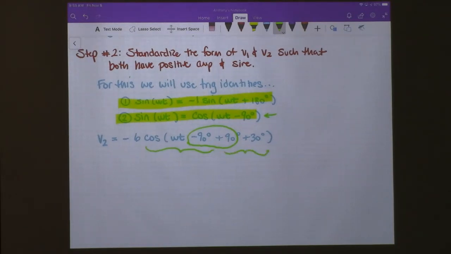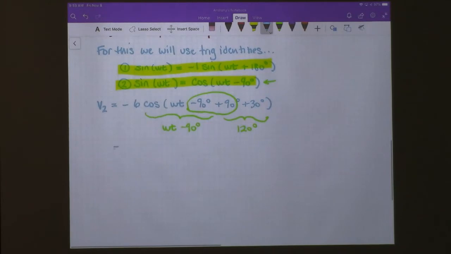These two together give us 120 degrees, and this gives us omega t minus 90 degrees. So what is the result? We end up with -6 cosine of omega t minus 90 degrees plus 120 degrees.